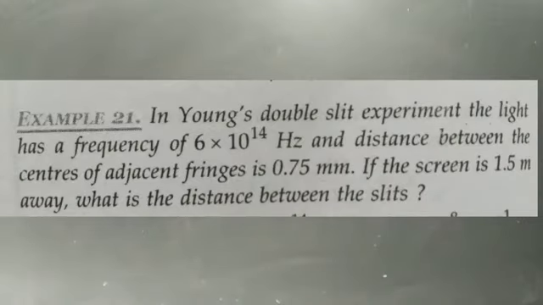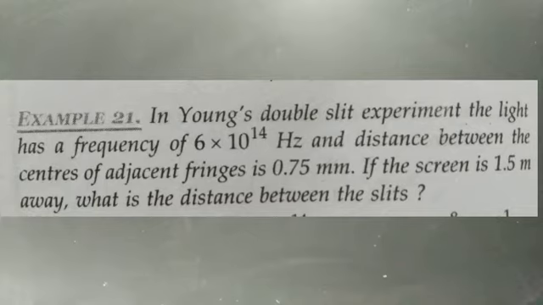Our next question. In Young's double slit experiment, the light has a frequency of 6 into 10 power 14 Hz and the distance between the centers of adjacent fringes is 0.75 millimeter.